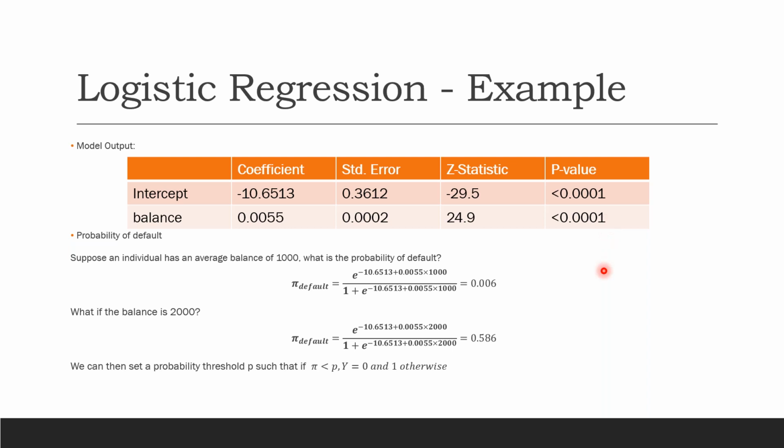So this variable is significant. Now the question is, how do we use this coefficient to, number one, model the probability of default, and second, once we have the probability, how do we classify it? The response variable is 0 or 1, so when we get the probability, how are we doing this classification of 0 and 1?